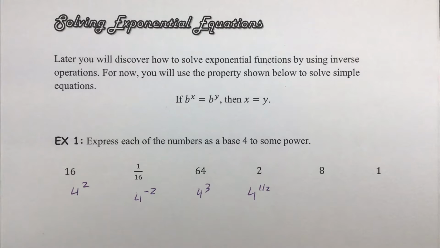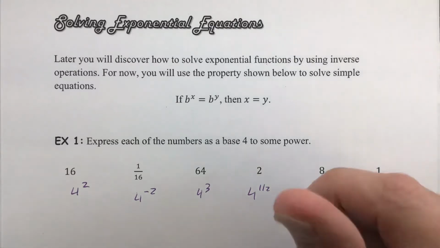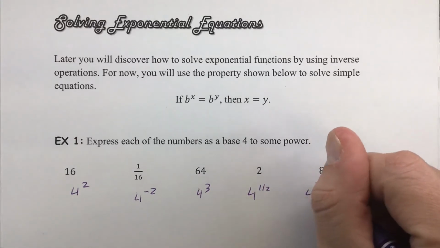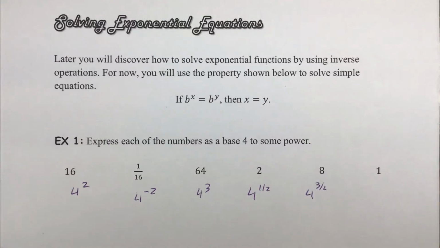And then if you cube 2, you actually get 8. So what we're actually going to do is write this as 4 to the 3/2 power. That 2 as a denominator is actually going to give a square root to the 4. It drops it down to a 2. Then the 3 is going to cube it, bringing it up to an 8.